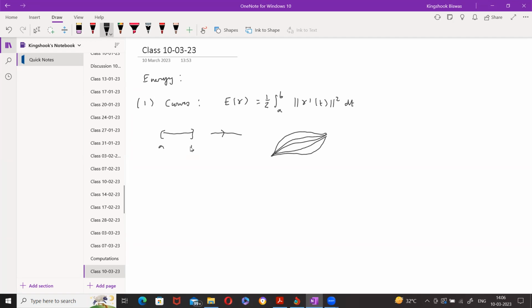There are actually two cases one can look at. This is sitting inside your manifold M. Maybe M looks like this. So there are two cases. One is you look at curves, not necessarily closed curves.